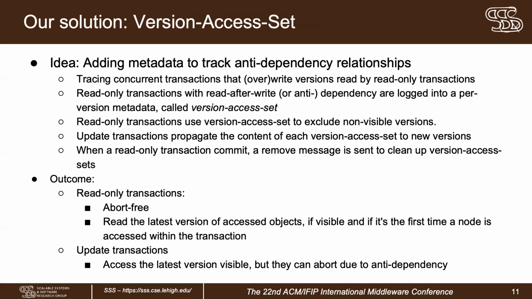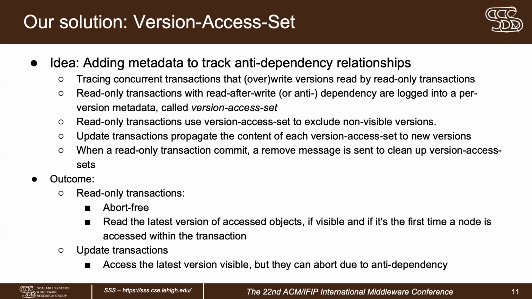And update transactions, in our protocol, propagate the content of each version access set to their newly produced version. When a read-only transaction commits, it sends a remove message in order to clean the version access sets of dependent objects.